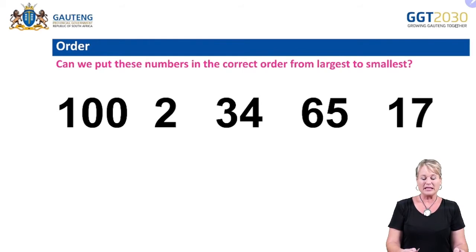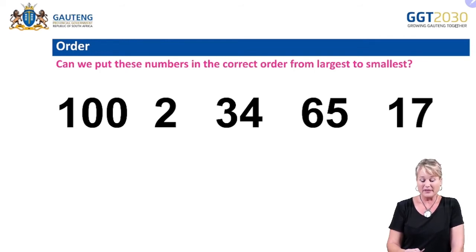Can we put these numbers in the correct order? Now we're going to go from the largest one to the smallest one. Let's look at our numbers carefully. We've got 100, we've got 2, we've got 34, 65, and 17. So by far the biggest one there is 100.